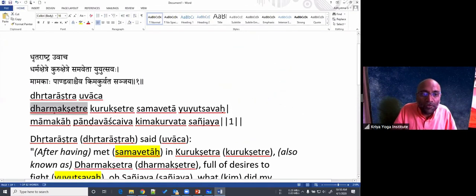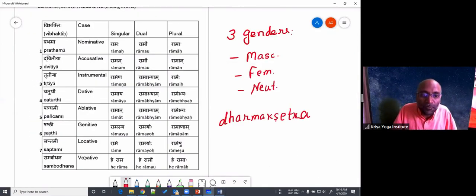When you learn the grammar and try to understand the meaning, you have to know which case and which person this word belongs to. In this case, dharma kshetre, because it's locative, means in that location.